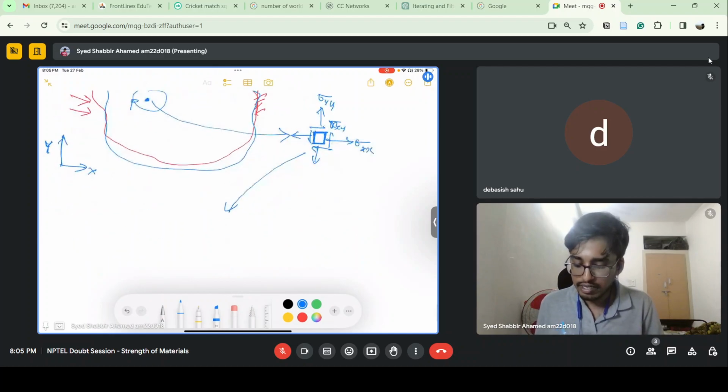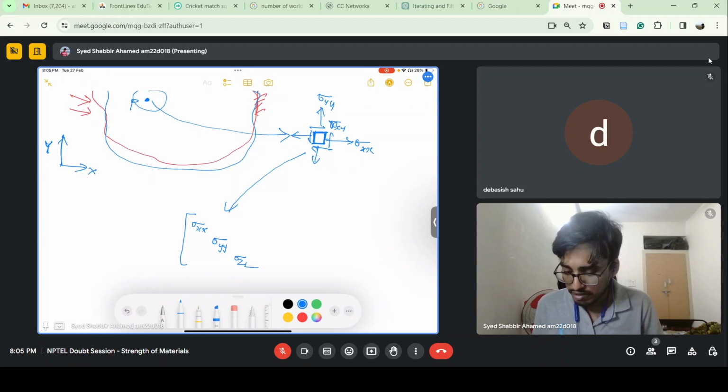So this state of strain, I can write it like this. It is only two-dimensional, so I'll neglect the rest. So this is the state of strain.